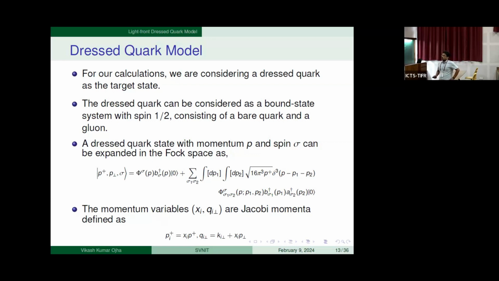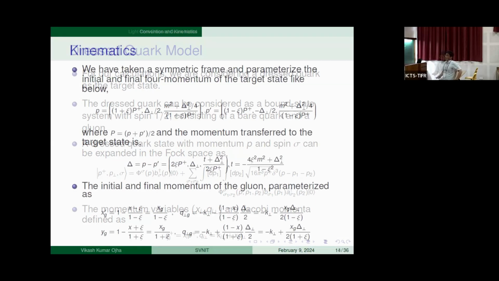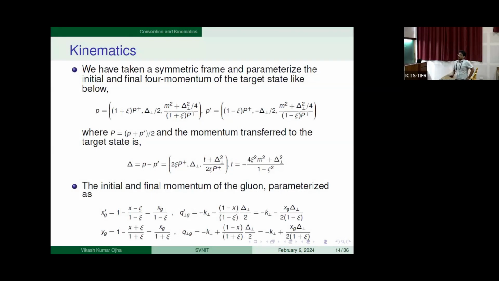And then we can also use the momentum variables x_i and q_i to describe the particles. In our calculation, we have restricted to two particles, so x_i will be x_1 and x_2. If for the quark we have x, then for the gluon it will be 1 minus x. Okay, so this is the kinematics which we have chosen.